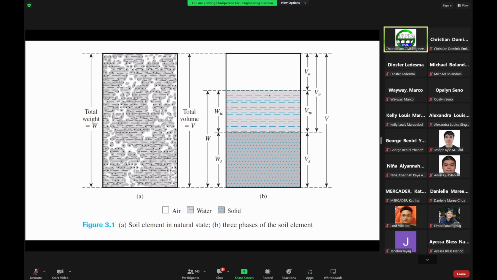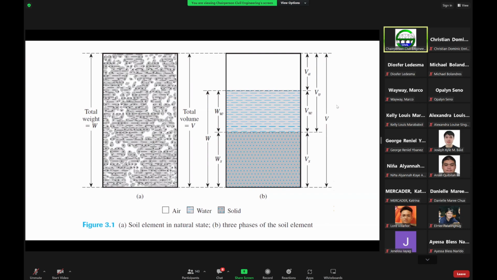For the volume, the total volume, capital V, is equal to the volume of the voids, V sub V, plus the volume of solids, V sub S. And the volume of voids is equal to the volume of air plus the volume of water.